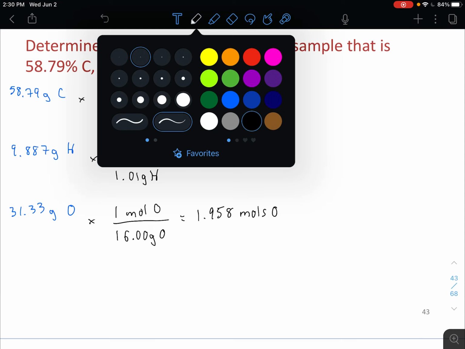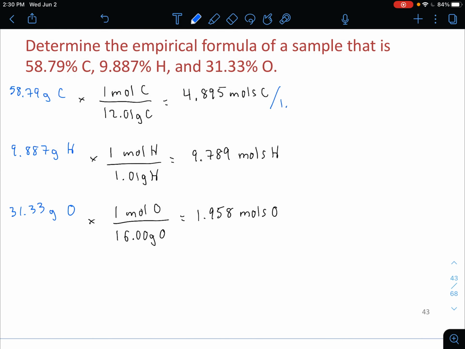So we can divide everything by 1.958. Obviously that's 1. 4.895 divided by 1.958. That gives me 2.5. 9.789 divided by 1.958. That gives me 4.999.